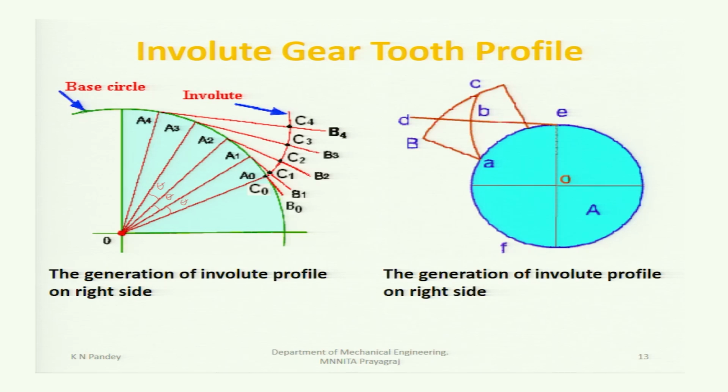Then draw tangent lines on the base circle from A1, A2, A3 and A4 and like that all along the circumference of the base circle.